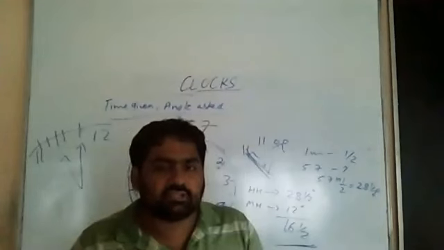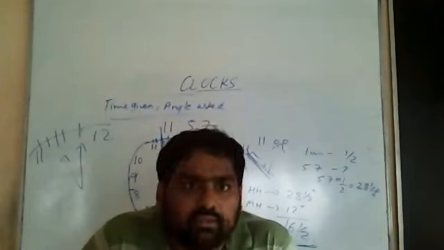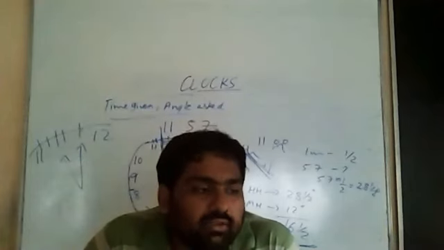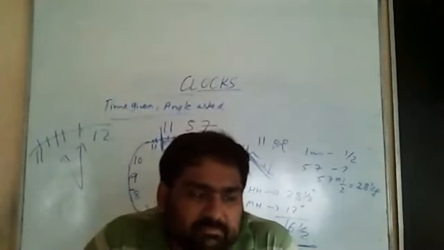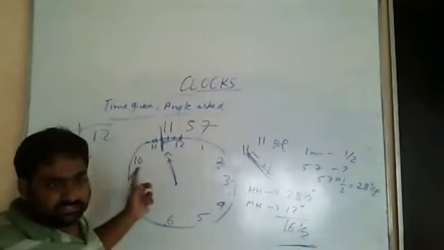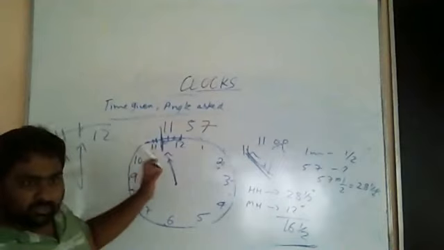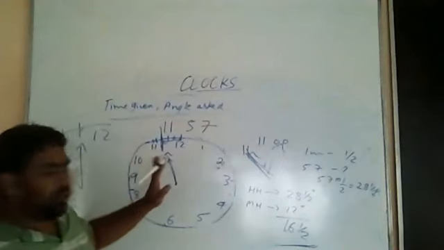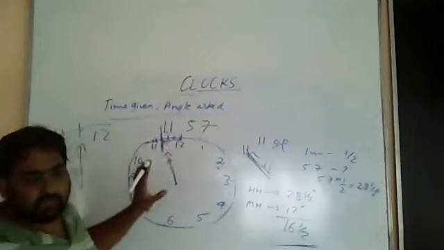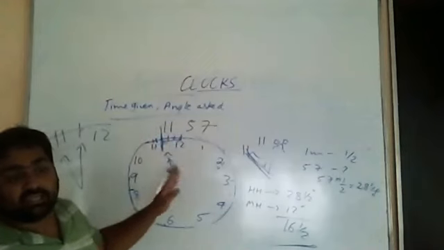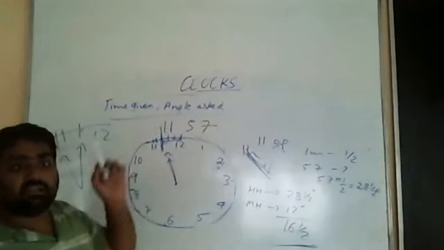Yes, because in some cases like this, the 8-12 example, we don't know which is forward and which is backward. Just by looking at the clock, we will not be able to figure it out, or draw the exact diagram. We don't know which is ahead, whether the minute hand went forward or the hour hand, so there is confusion.